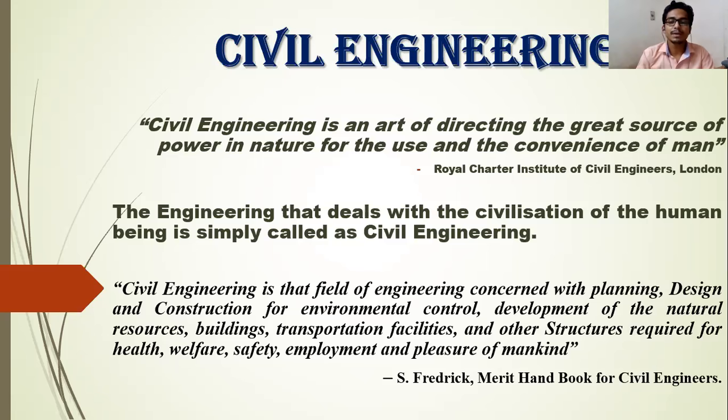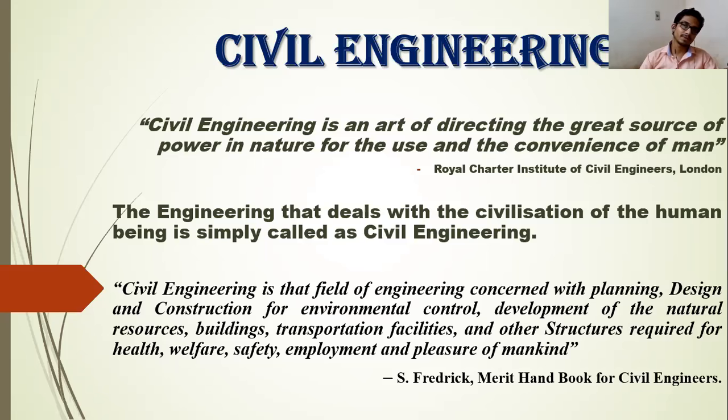As per Frederick, from the Merritt handbook of civil engineers, I got this definition. I hope it is very effective, that's why I have used it here. Frederick explained that civil engineering is that field of engineering which concerns planning, design, and construction of environmental control, and development of natural resources. So here again he has used the same thing, development of natural resources.